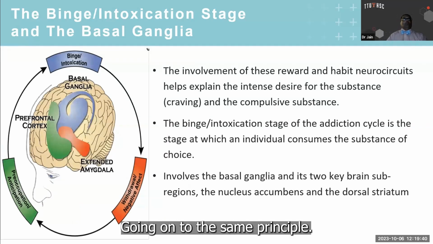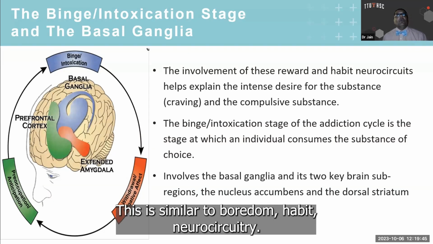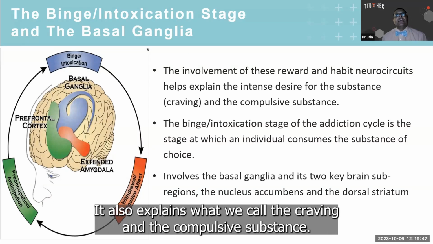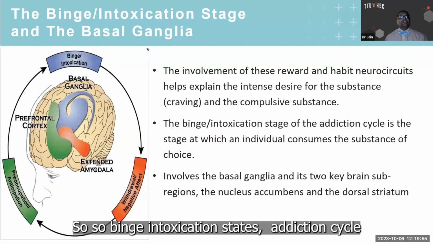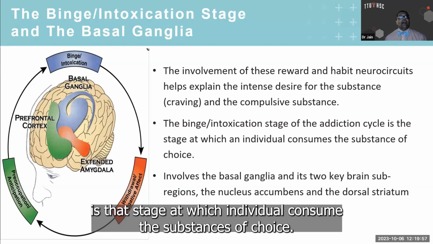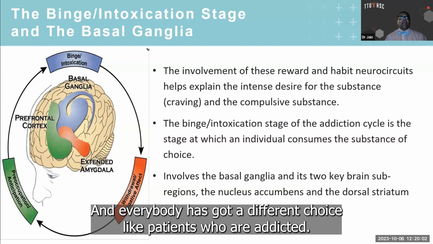Going on to the same principle, the same reward and habit neurocircuitries also explain what we call craving and compulsive substance use, right? So the binge intoxication stage or addiction cycle is that stage at which the individual consumes the substance of choice, and everybody has a different choice, right?